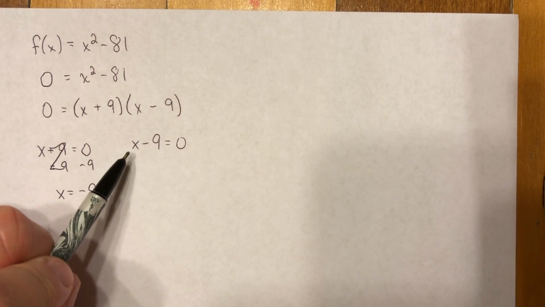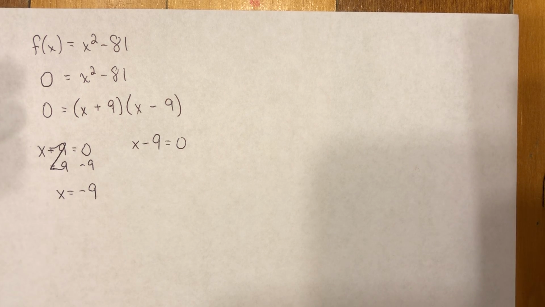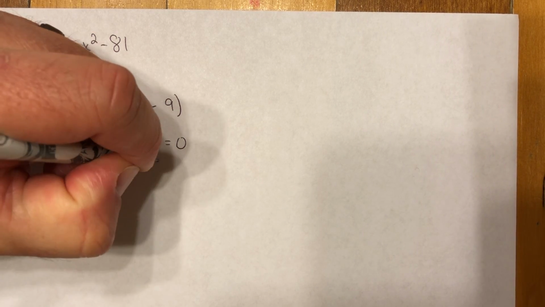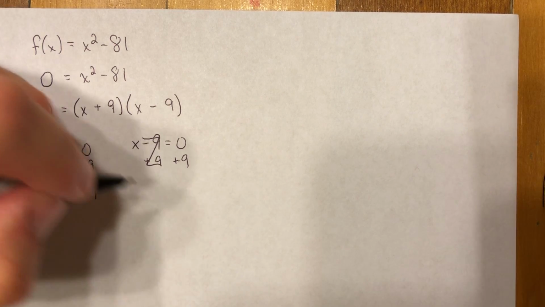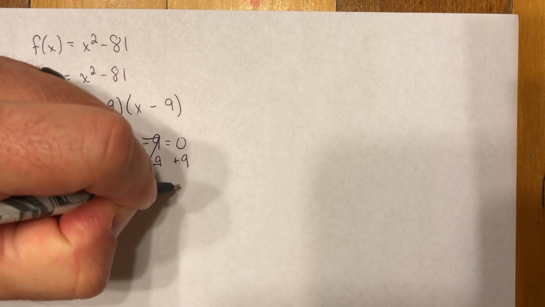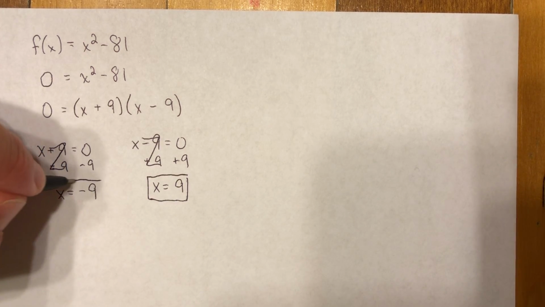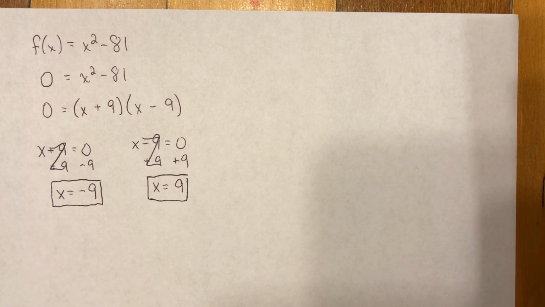Again, we want to think of what number, when 9 is taken away from it, equals 0. You might have an idea what that is, but if not, we can do the same process. We can add 9 to both sides. Our 9's 0 out, and we're left with x equals 9. So our two solutions to our quadratic are found at negative 9 and positive 9.